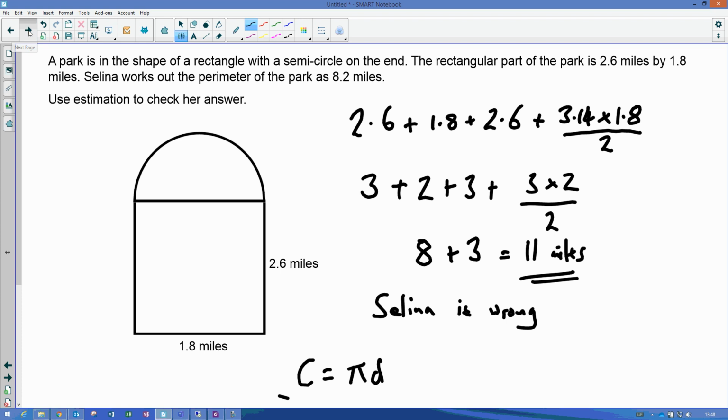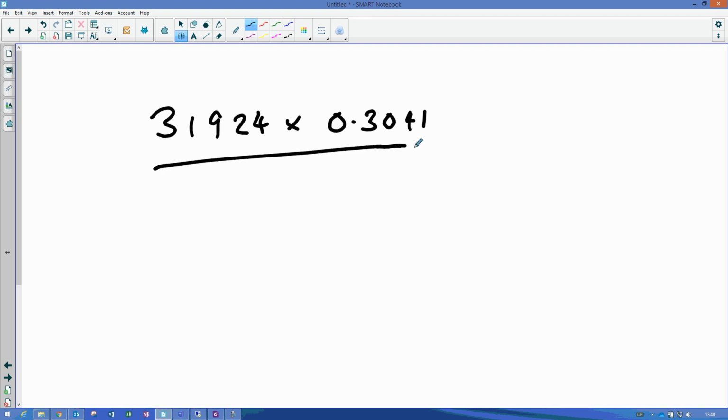It's worth realizing that if you've got a sum with big numbers, say 31924 times, let's have a decimal, all divided by, okay, same idea, round as much as you can.